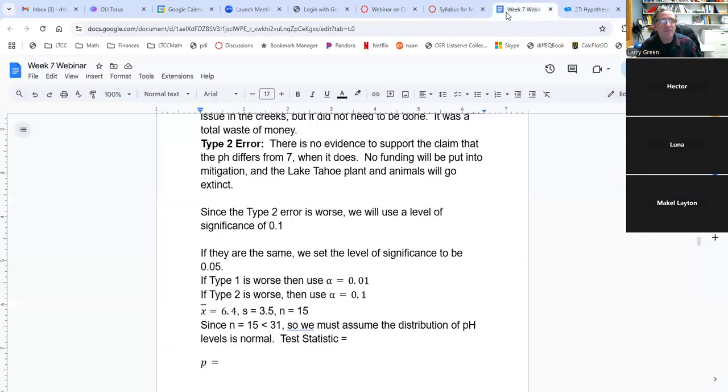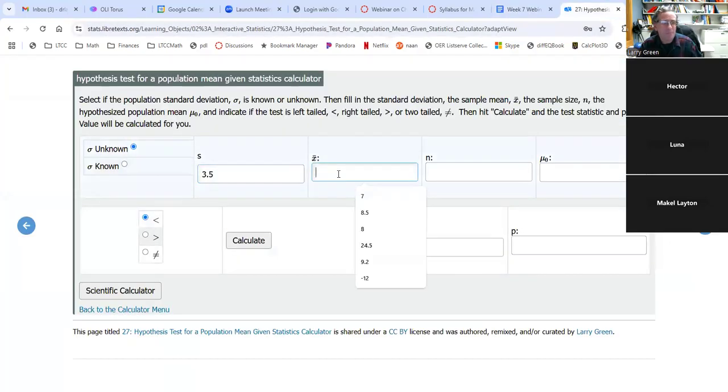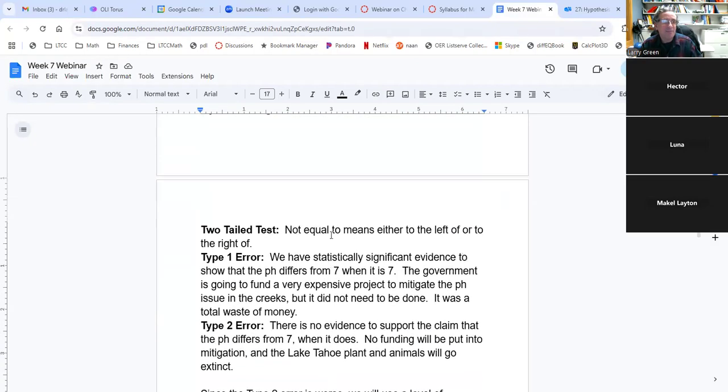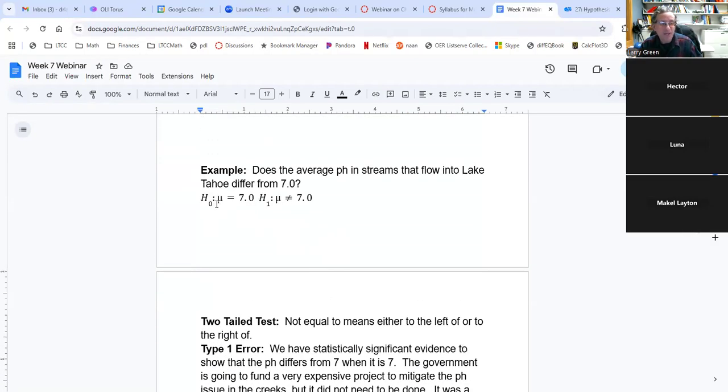X bar was 6.4. N was 15. That was a sample size. Mu naught, what that means is the mu in H naught.